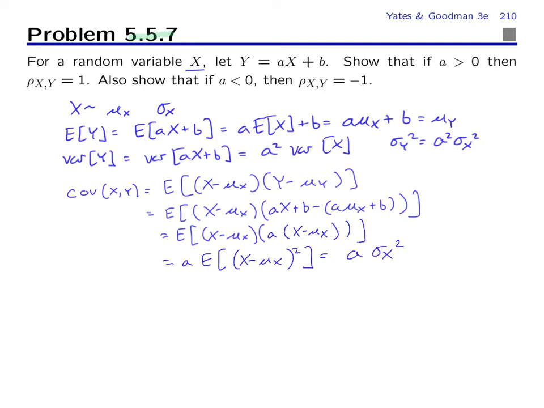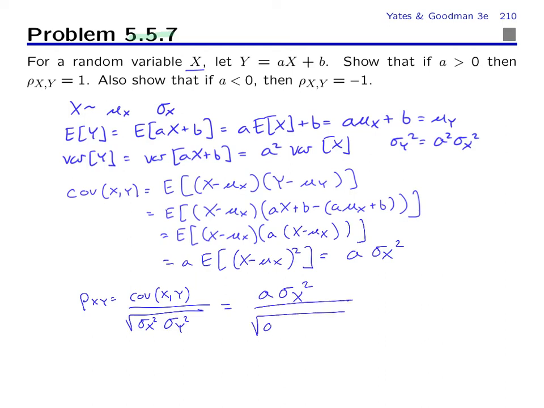Now we're ready to evaluate the correlation coefficient. Rho of XY is equal to the covariance of X and Y divided by the square root of sigma x squared times sigma y squared. So the covariance is equal to a times the variance of X. In the denominator, we have variance of X, and then we have variance of Y, which is equal to a squared times sigma x squared.